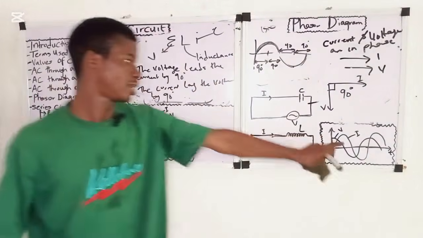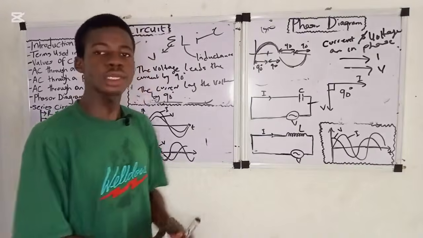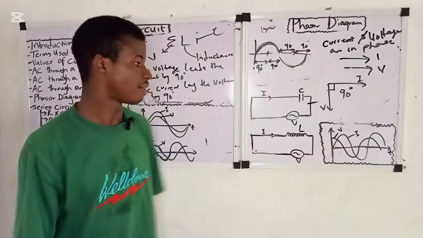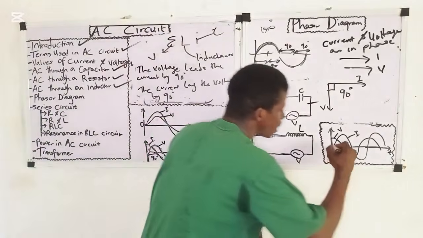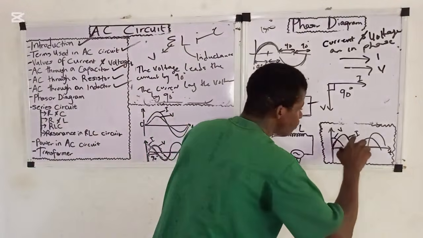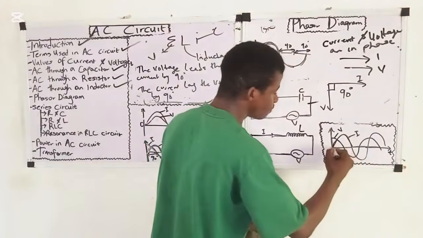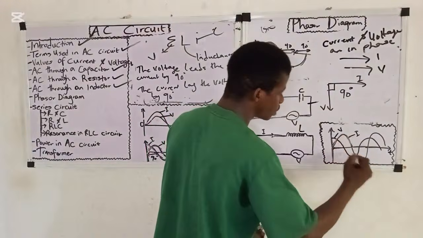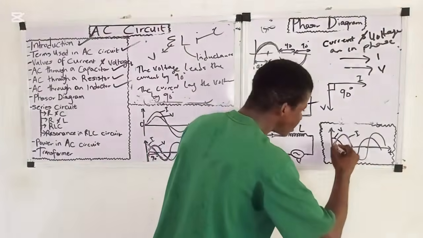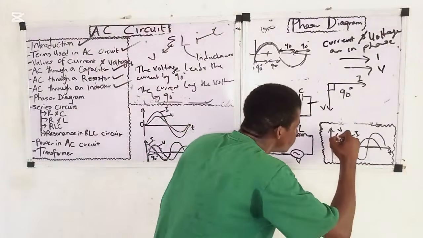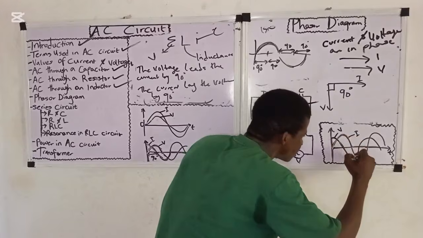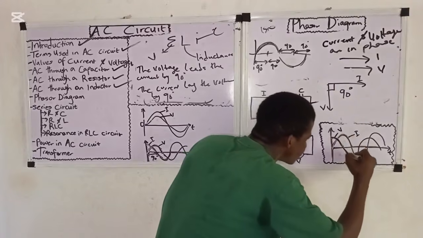Now look at this graphic, I mean this waveform, very well. This wave is for current, while this one is for voltage. These two places are 180, right? Then look at the wave of the voltage and the way it is oriented. It passes through the center of it.